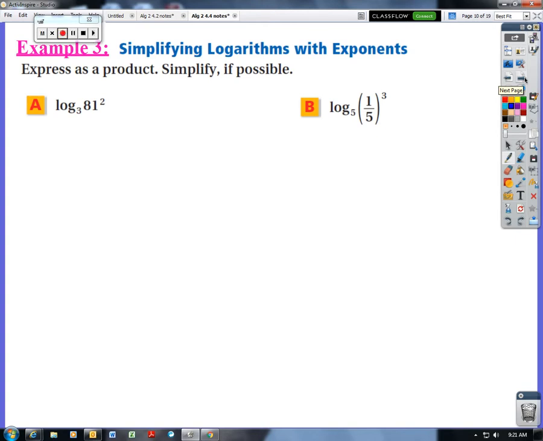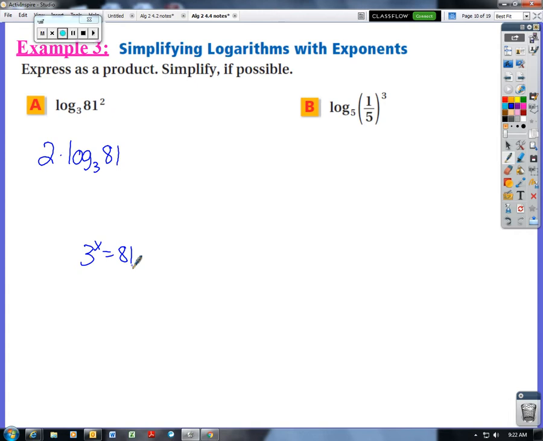So here are some examples that you can try, or we'll do these together. So log base 3 of 81 to the second, that 2 can come out front. And you have this. And then you can do log base 3 of 81, because 3 to what power equals 81. If you don't know what it is, you can do a little bit of guessing and checking. But 3 to the 3rd is 27, so if you multiply 27 times 3, you're going to get 81.